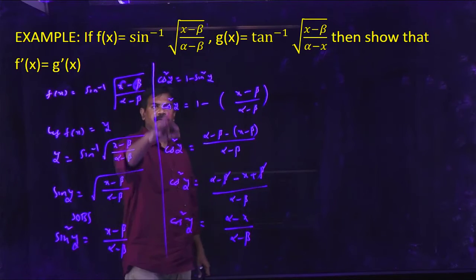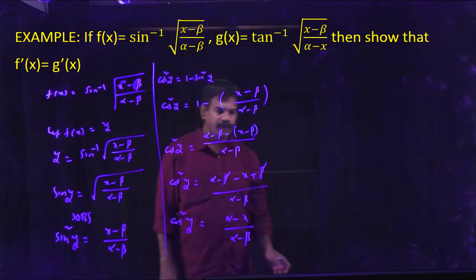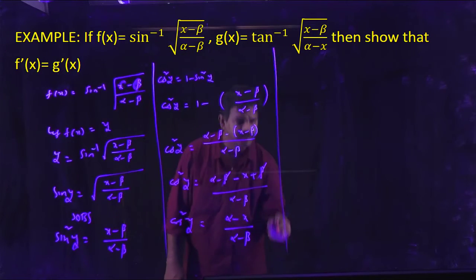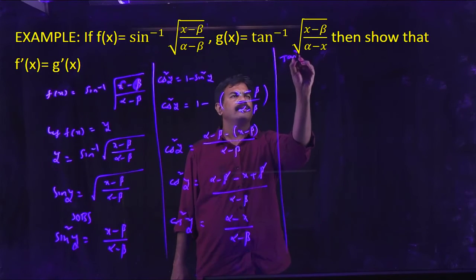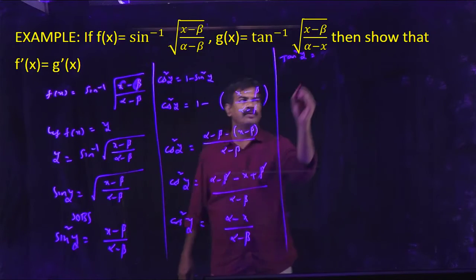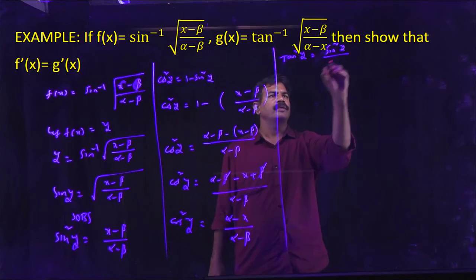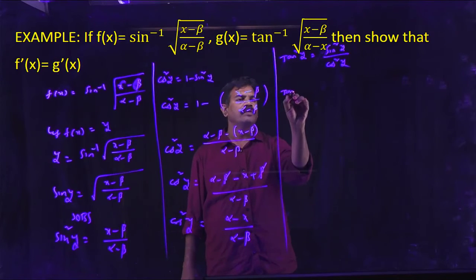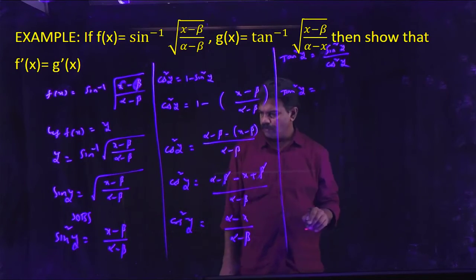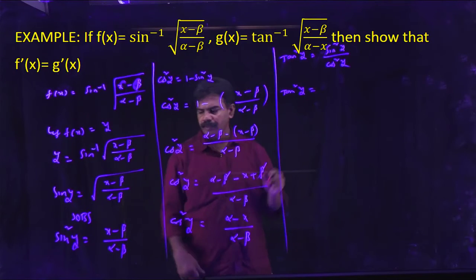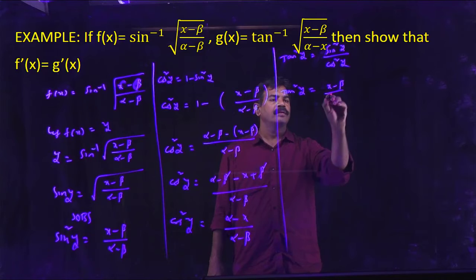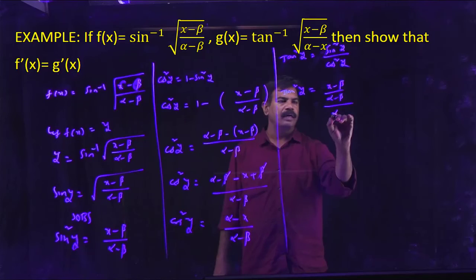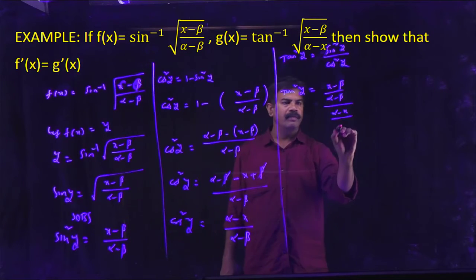We get sin square y and cos square y. We take tan square y. Tan square y is equal to sin square y by cos square y. It is tan square y is equal to, we know the value of sin square y, that is x minus beta by alpha minus beta, by cos square y, which is alpha minus x by alpha minus beta.